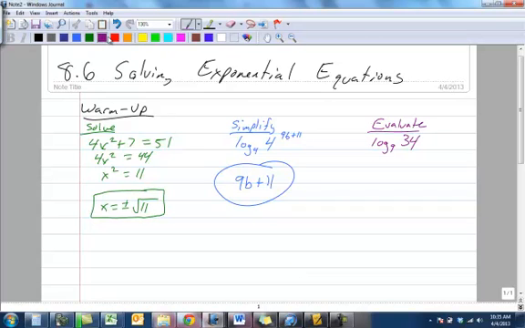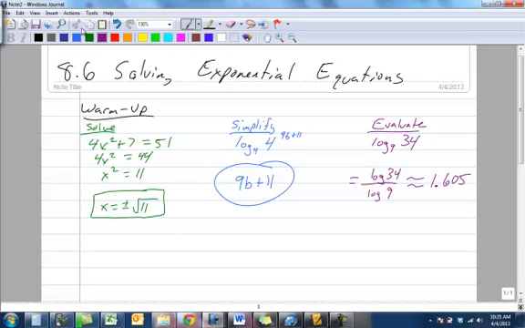And then the third one is evaluate. So that means that log base 9 of 34 is the same thing as log of 34 divided by the log of 9, which is approximately, put that in your calculator, and you should get approximately 1.605.